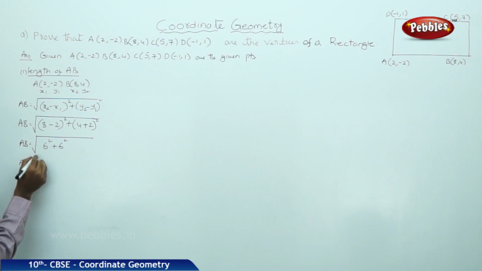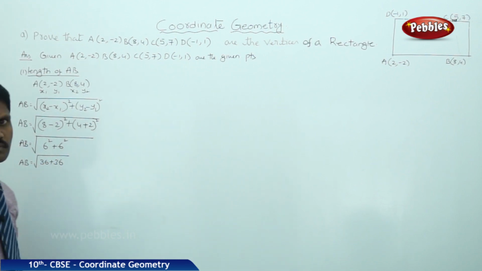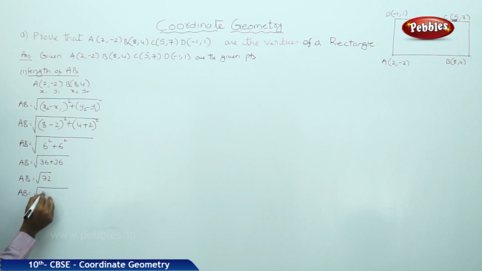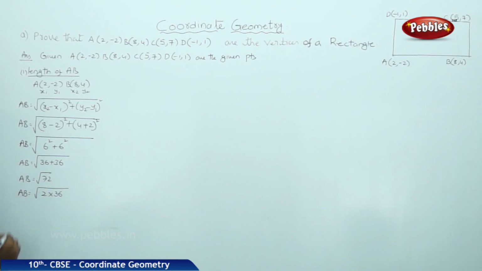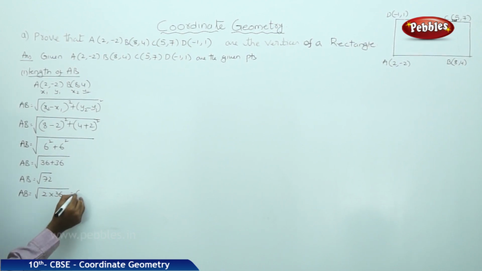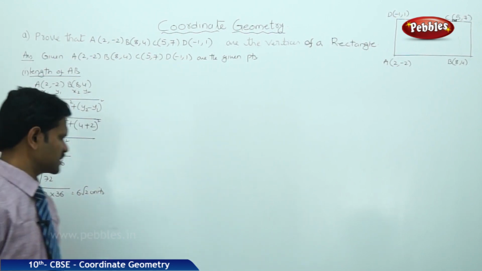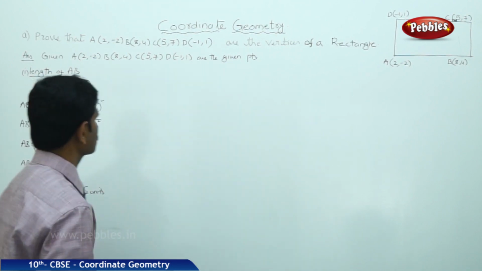AB is equal to root 36 plus 36, which is root 72. Root 72 can be written as 2 into 36, that is equal to 6 root 2 units. That is AB is equal to 6 root 2 units.